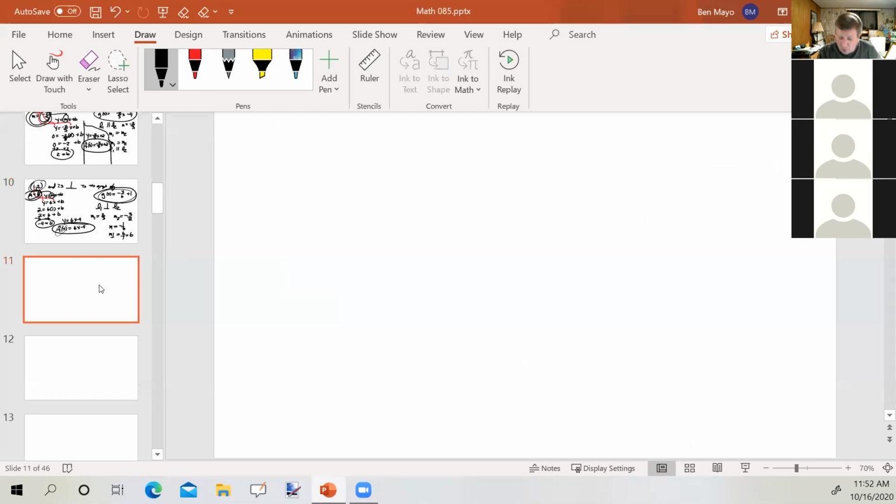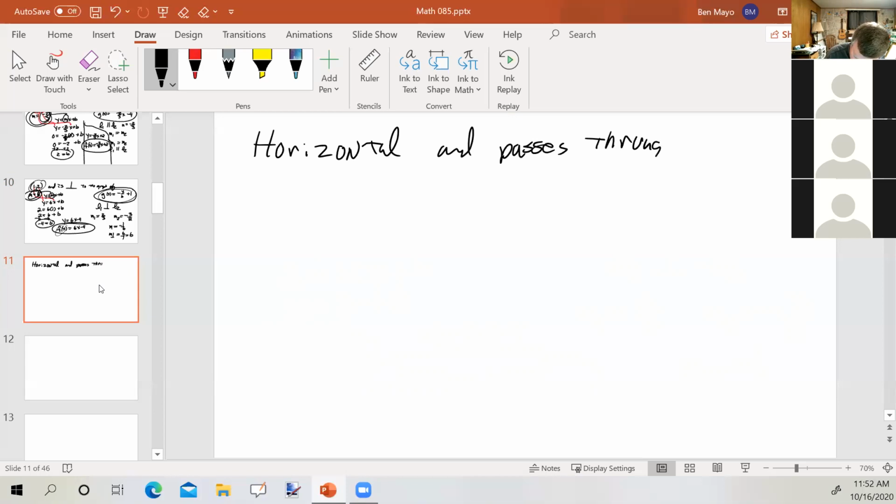We now want the equation of a line that is horizontal and passes through the point -8, 12. Now, earlier today, when I was graphing lines, one of the lines I graphed was f of x equals 2.